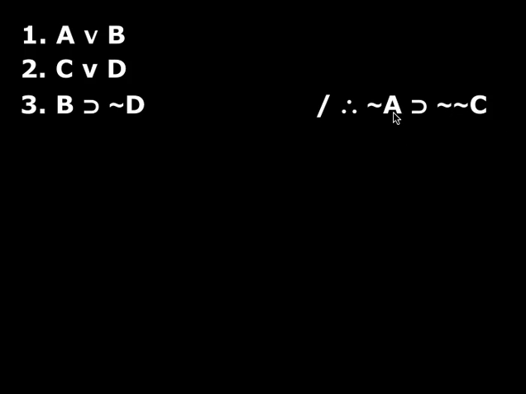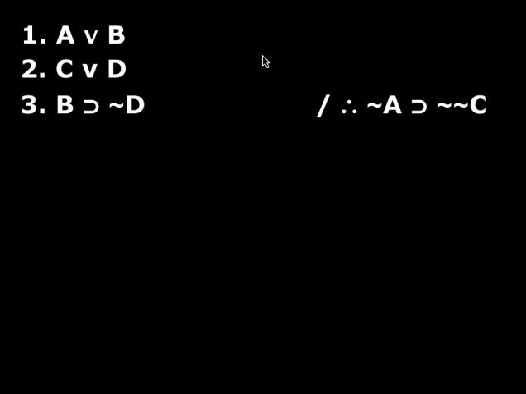Well, if you assumed not A, then I could get B by disjunctive syllogism, not D by modus ponens, C by disjunctive syllogism, and then double negation, not C. And then you'd have your conditional, if not A, then not C. But let's not use conditional proof right now. Let's do it another way.